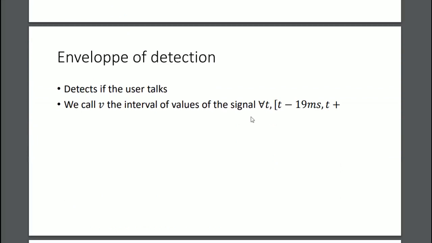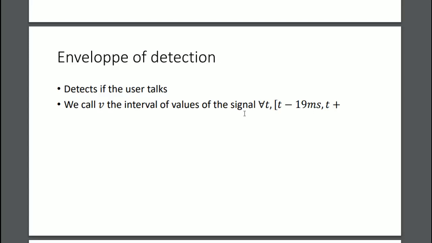Now we will consider an envelope of detection. We want to detect if the user is talking. We call V the interval of values for t in t minus 19 milliseconds, t plus 19 milliseconds.